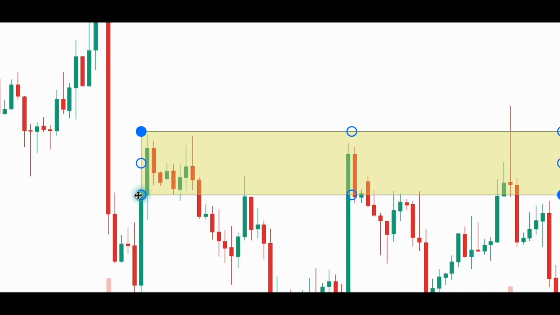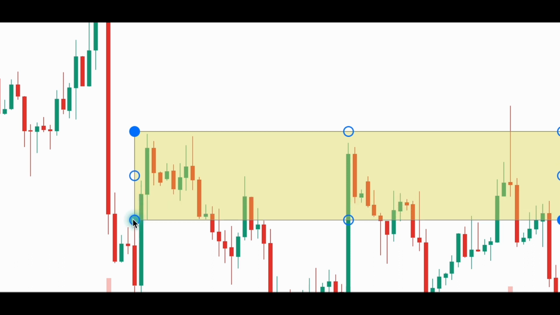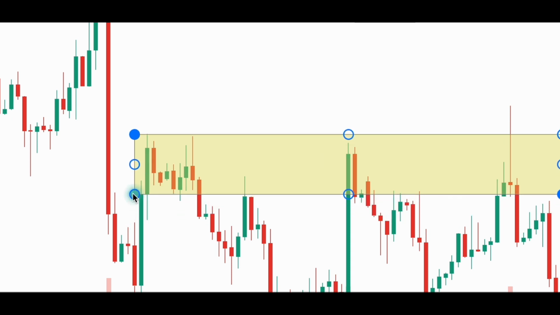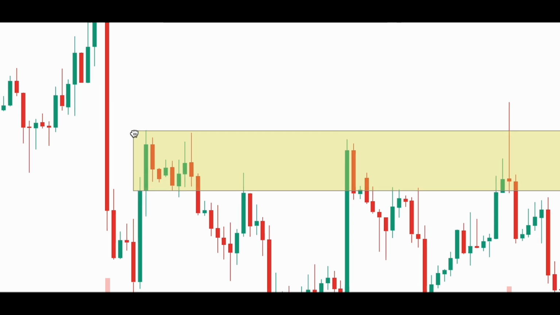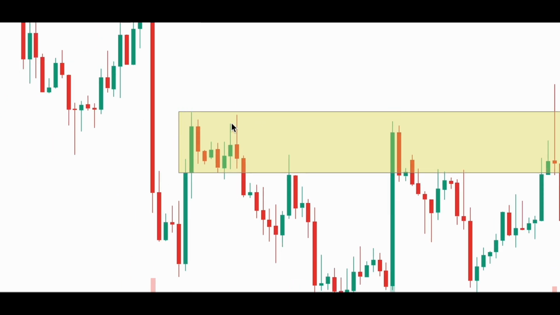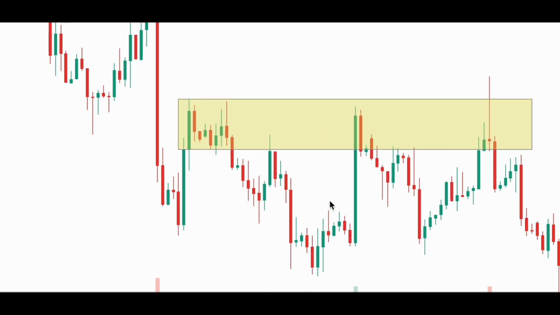This is the same as well. When the zone is too big, to make it smaller I will take the body, starting from the body until the upper wick. This is for the supply zone.